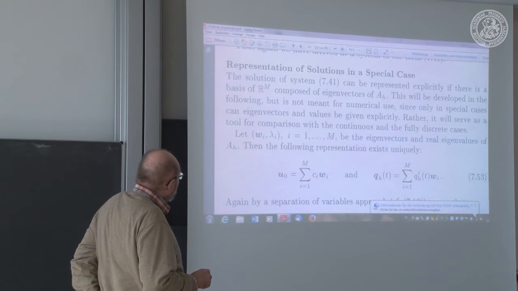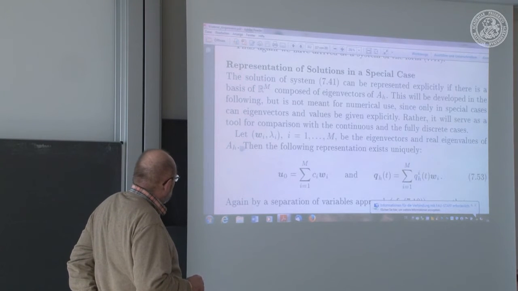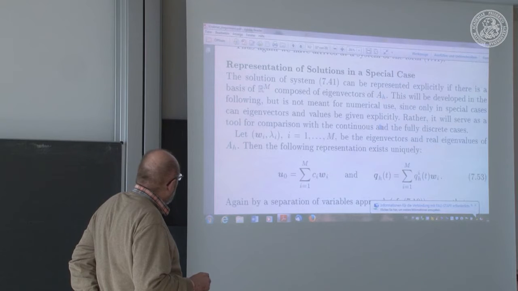So how is this on the discrete level? We are now in a situation that is a little bit more general than what I just said. We have this matrix AH, and we have a basis of eigenvectors, called here Wi, and corresponding eigenvalues lambda i, which here are supposed to be real.